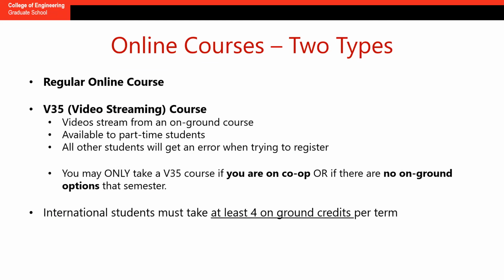We can typically only override you into a V35 section if there are no on-ground courses open, or you are in co-op, or in fall 2021, if you're a remote student and you are approved to be remote, we will be able to help override you into a V35 section if that's what your department recommends you do. And as the slide mentions, international students who are in the US need to be full-time, and must take at least 4 semester hours of on-ground credits per term.